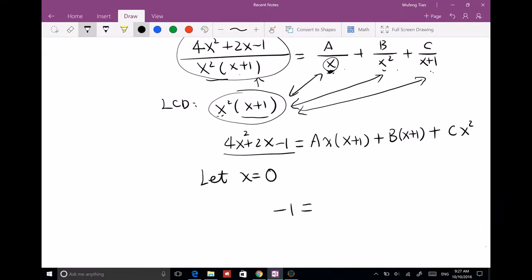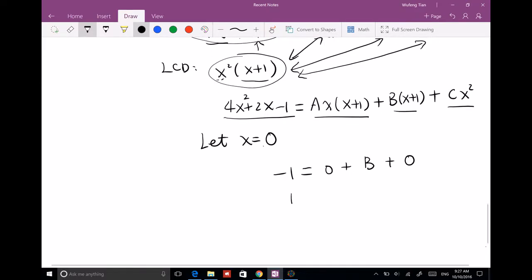What about this one? 0. This one? B. B, very good. What about this one? 0, because this is 0, right? So I got b equals -1, perfect. What about next? X equals what?